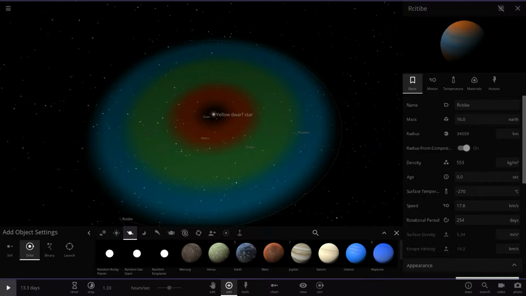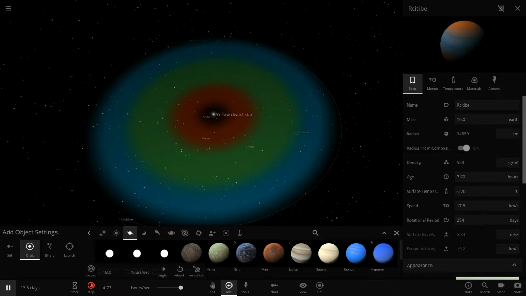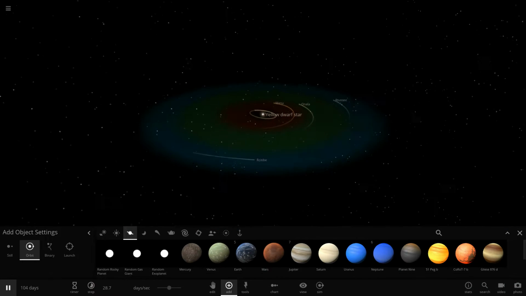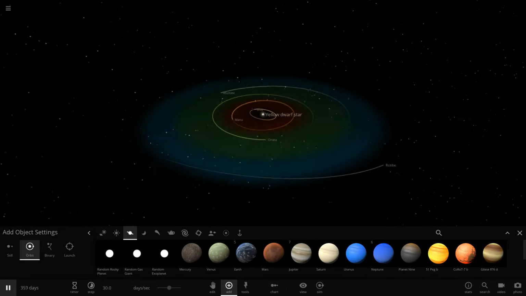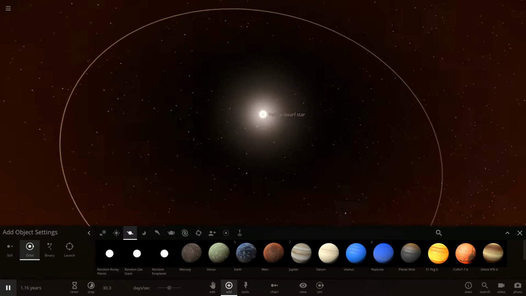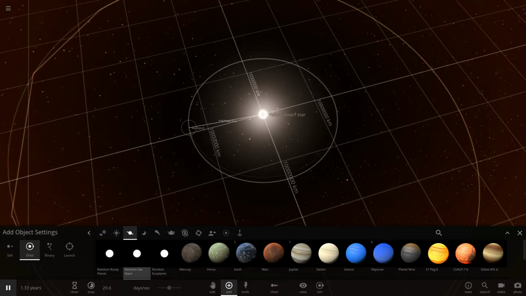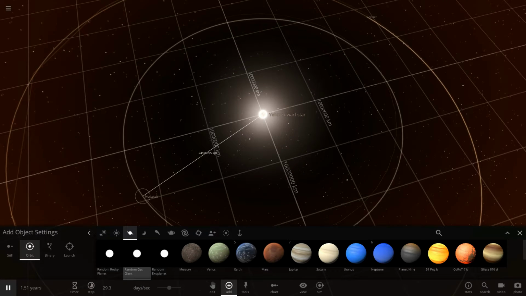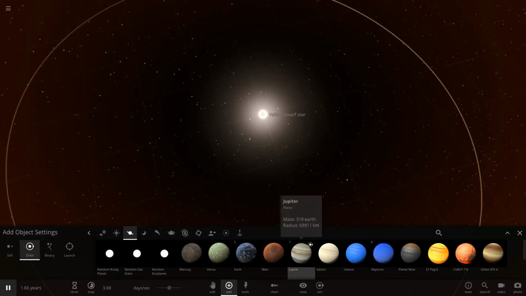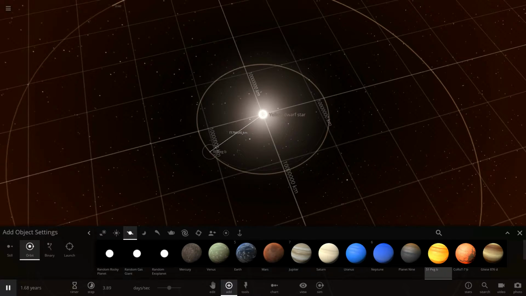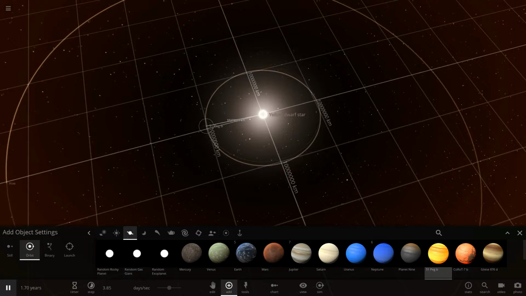I'm gonna play it and I'm gonna let it run for a while. Now, this could be your typical yellow dwarf system. Now, we have found thousands of yellow dwarfs with gas giants that orbit really, really close. Like the mass of, let's take 51 Pegasus and just stick it right there.